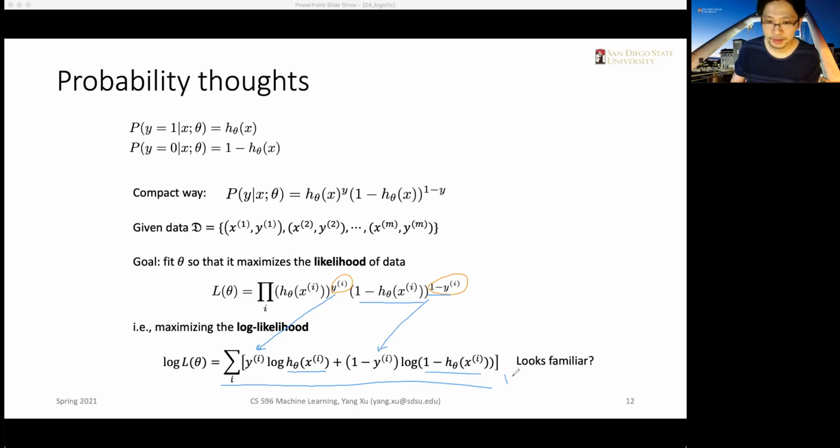This is exactly the form of the logistic regression's cost function, right? Without the negative symbol.